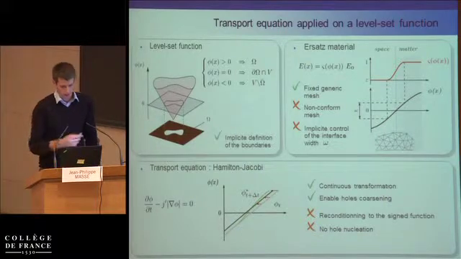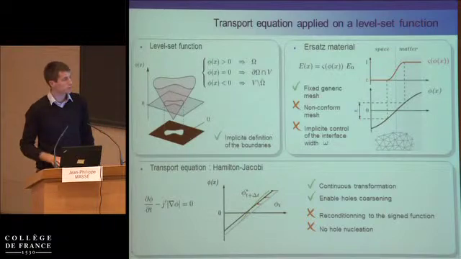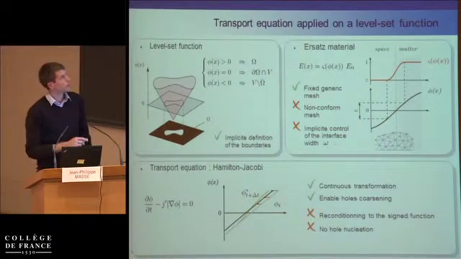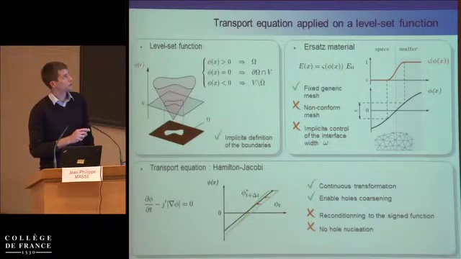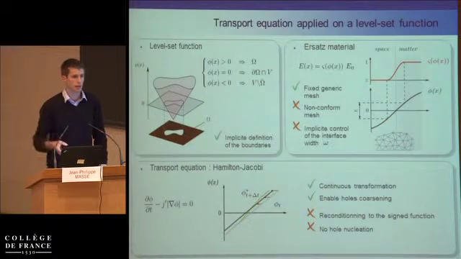So these are details on the level set function and how to define the geometry with it. Just quickly, that means that where this function is positive, we have matter. Where this function is negative, we don't have any matter, we have void.